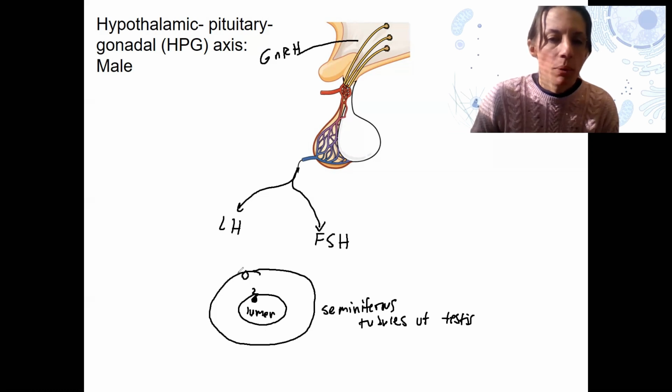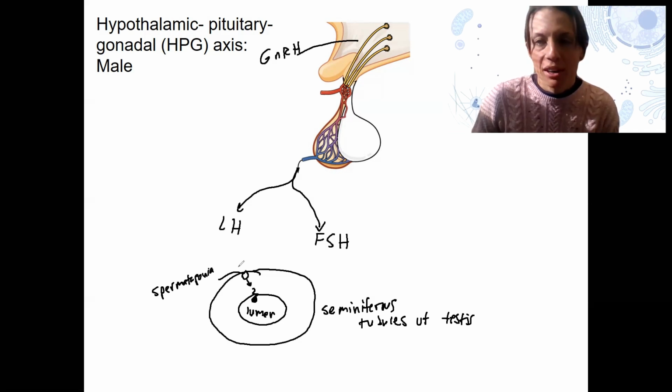Back over here, we have the spermatogonia, the stem cells that are going to develop into the sperm via primary and secondary spermatocytes.